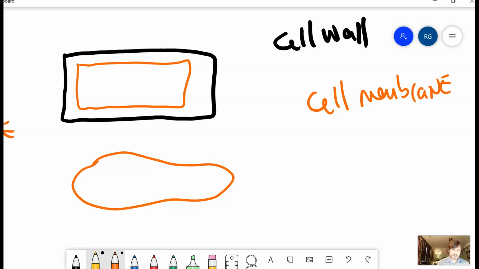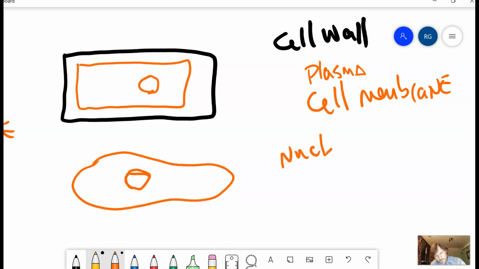Others have the cell membrane inside the cell wall. What's going to make this difference is that to the outside we have what we call the plasma membrane. But inside there are going to be other parts of the cell that are also made up of membrane. These will include the surrounding of the nucleus, and they're going to have the endomembrane system.